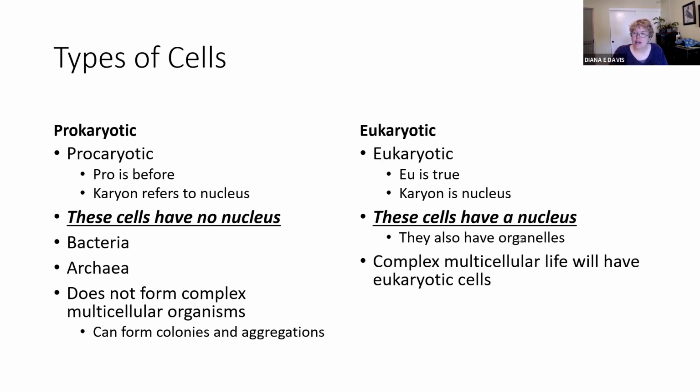Eukaryotic cells also have a lot of organelles. And while they can sometimes live as single cells, when we talk about complex multicellular life, we're talking about eukaryotic. We call organisms with eukaryotic cells eukaryotic organisms.